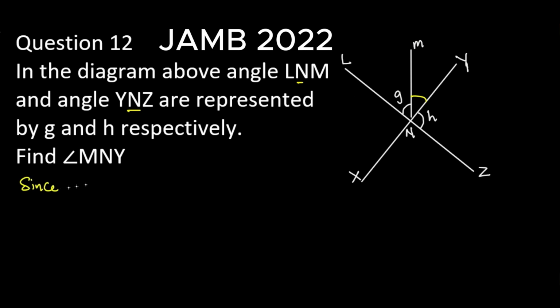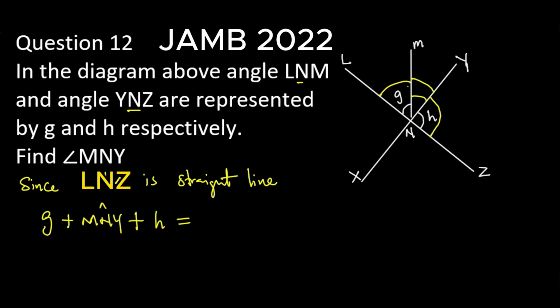Since LMZ is a straight line, G plus MNY plus H will give you 180 degrees, since they're on a straight line.